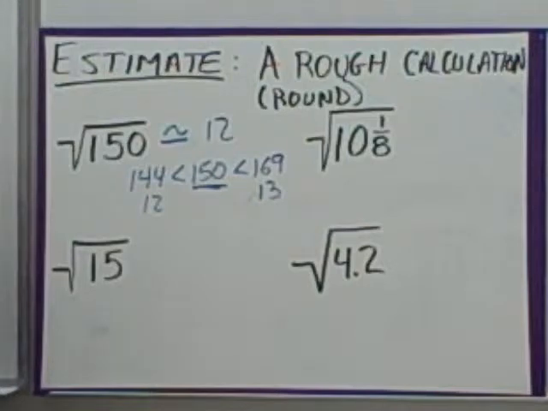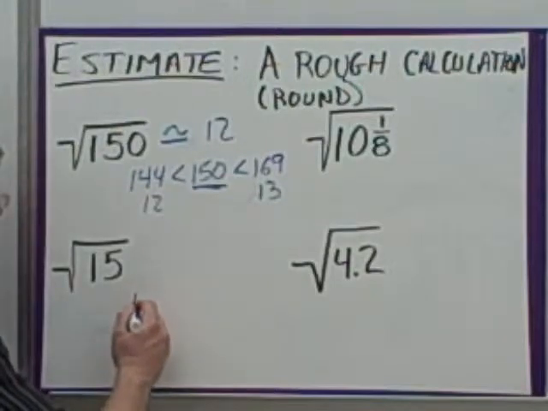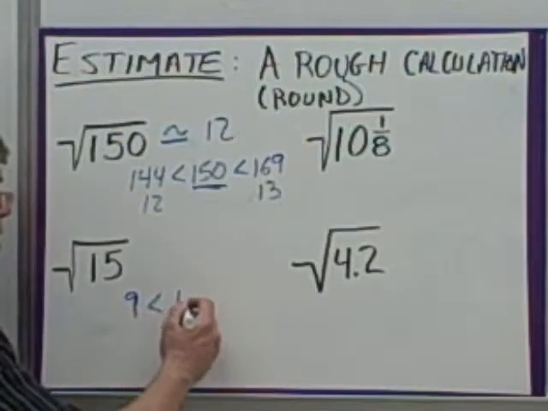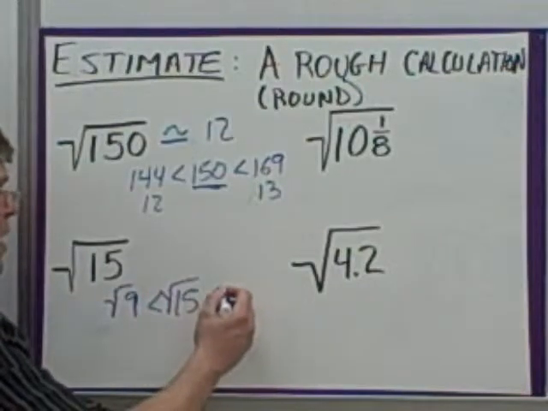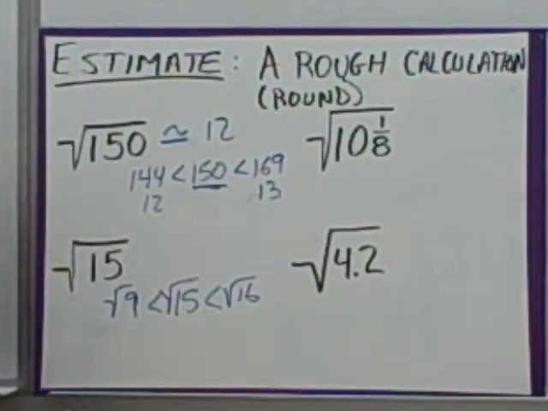Square root of 15. Well, that's a pretty low number. Let's say 2 squared is 4, that's less than 15. 3 squared is 9, that's less than 15. 4 squared is 16, that's greater than 15. So we know it's got to be somewhere between the square root of 9 and the square root of 16.